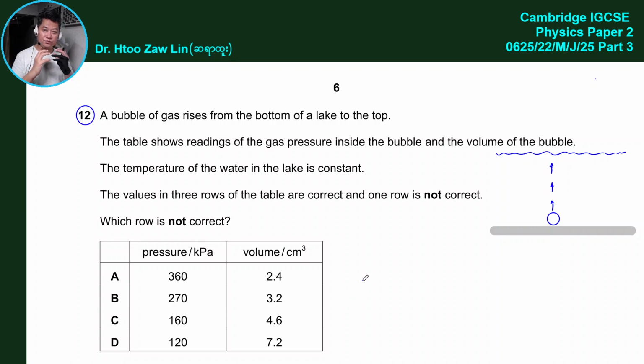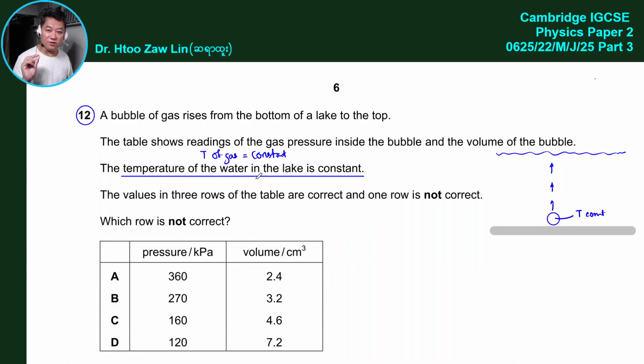Here we need to understand the behavior of gases. You see that the temperature of water in the lake is constant, which means the temperature of the gas inside the bubble is constant as well, because the bubble is in the water.